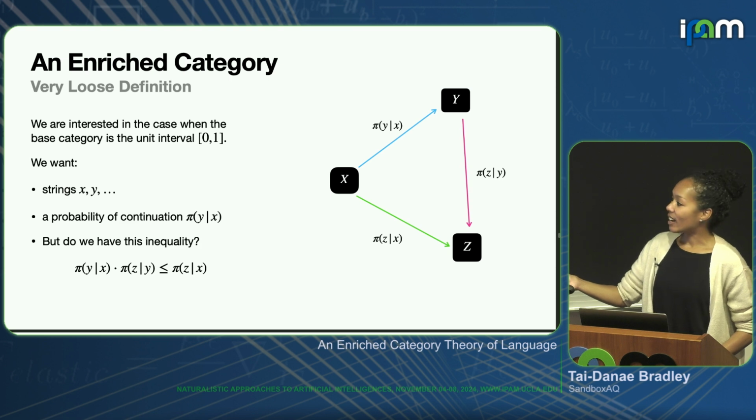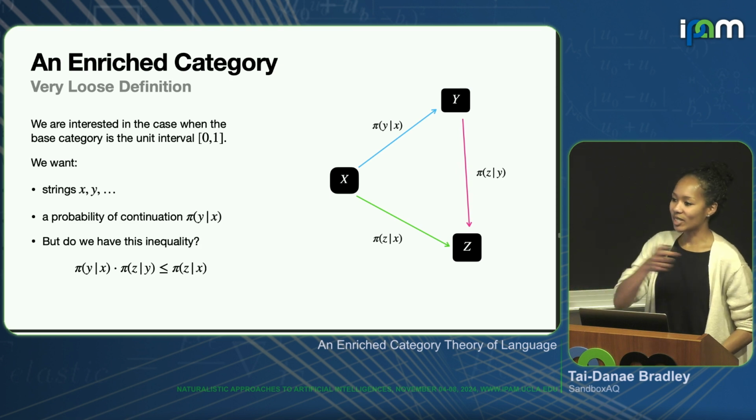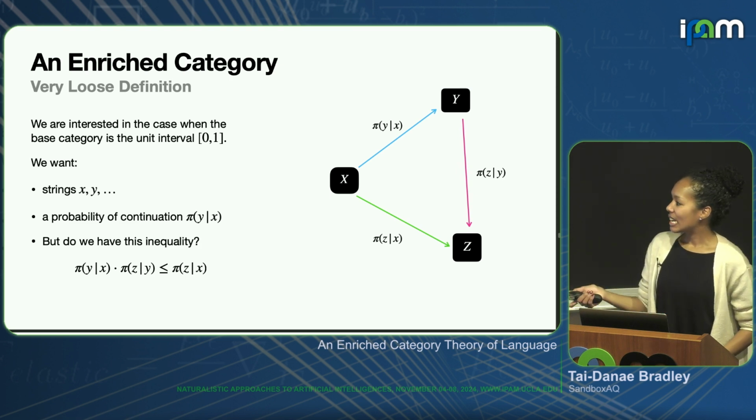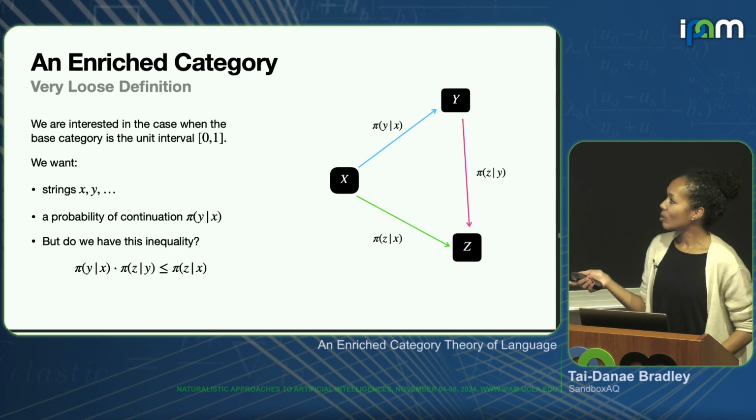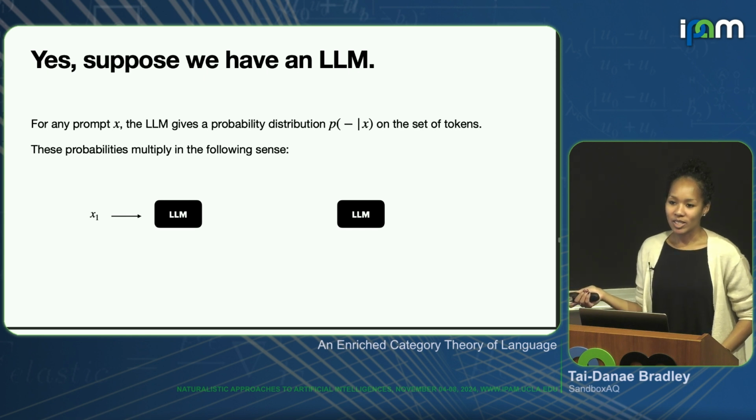To motivate how to understand this pi of y given x, it helps to think about this composition rule. That was the question mark I said earlier. What does this even mean here, and do we have this in language?